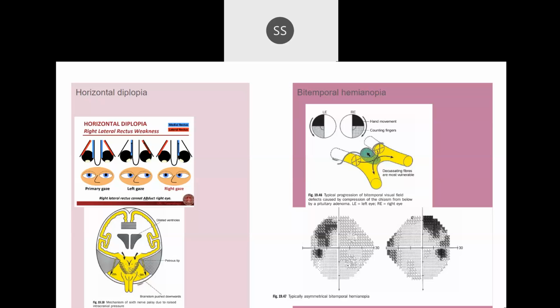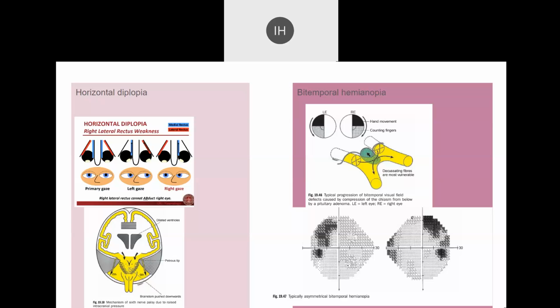Dia tak boleh abduct kan? Dia tak boleh abduct. So it will be inside, it will be adducted. Adducted, it will be inwards, kan? It will look like an esotropia.